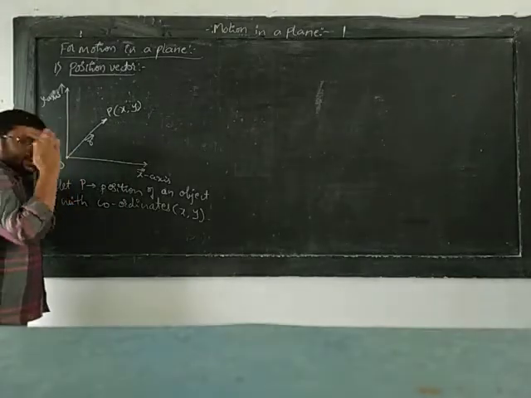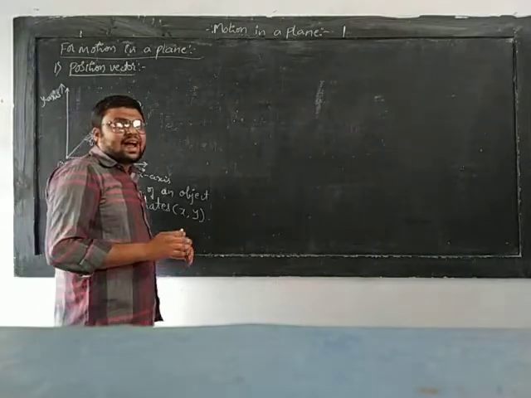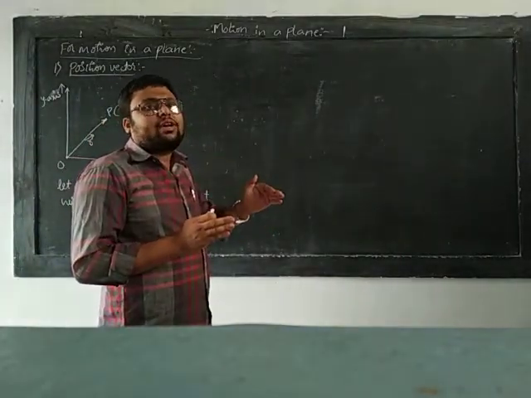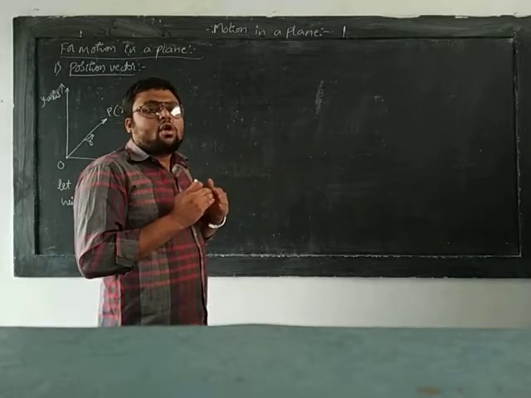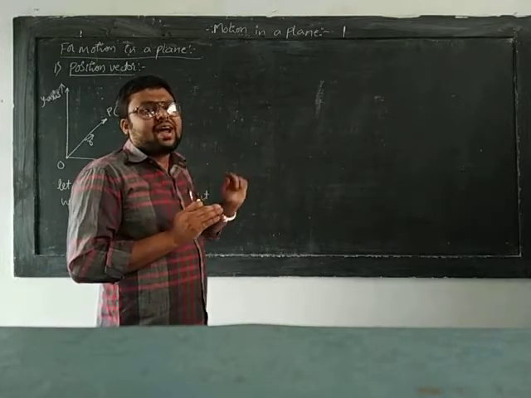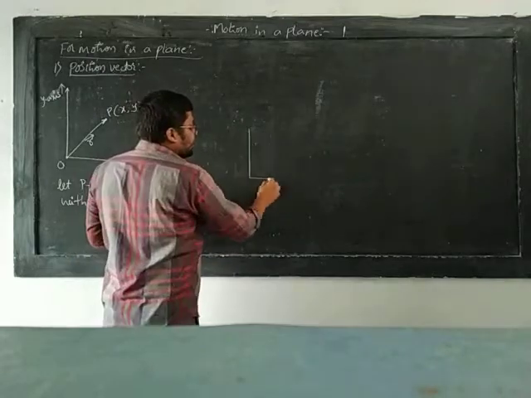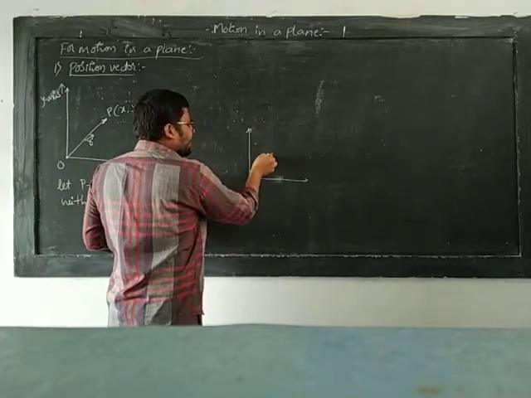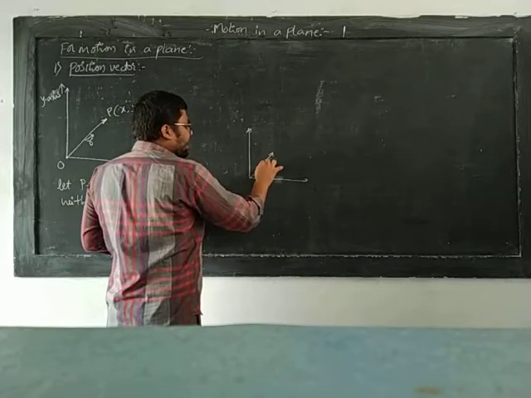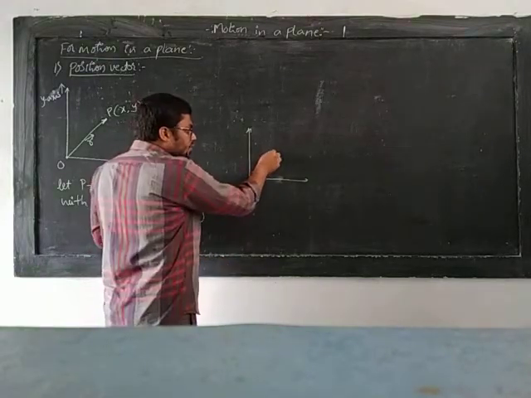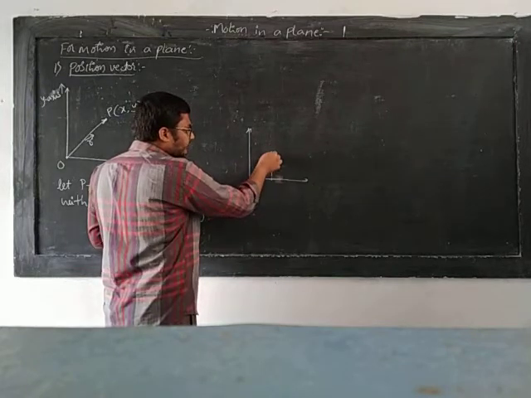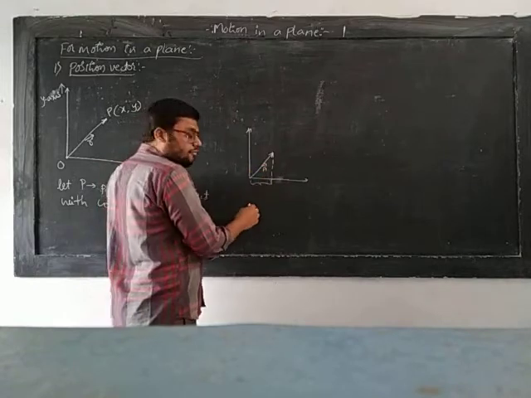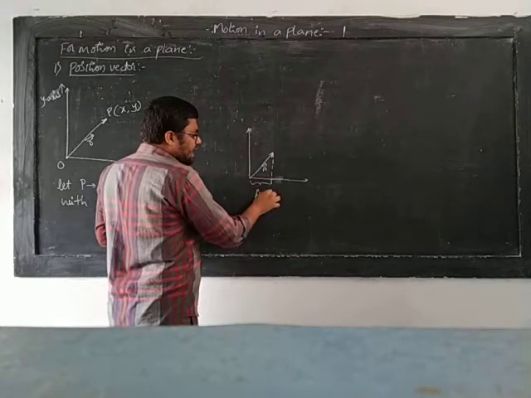So already in previous classes we have studied that if any vector is lying in the xy plane, it will be resolved into two components. One is along x direction and another one is along y direction. So for that we have considered, look here, a vector A. Then when we resolve it along the x direction, this will be the x component of vector A. I'll take it as ax i cap.